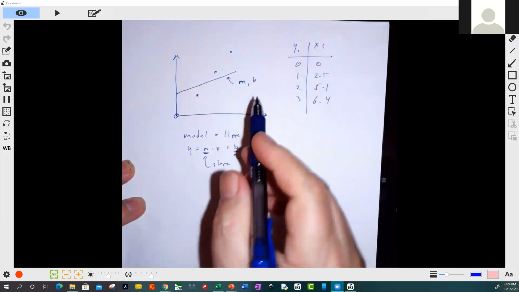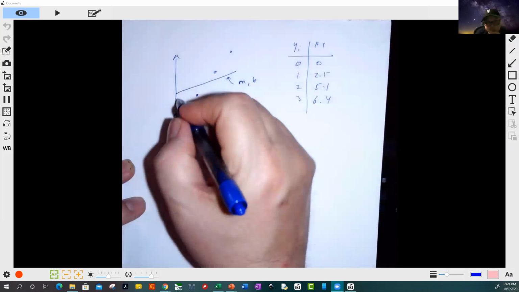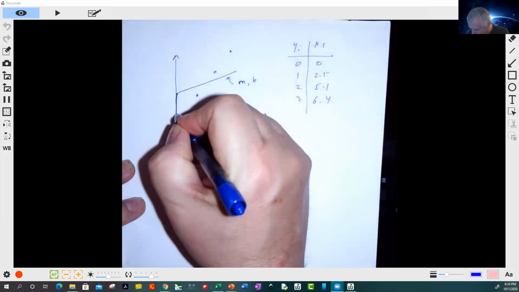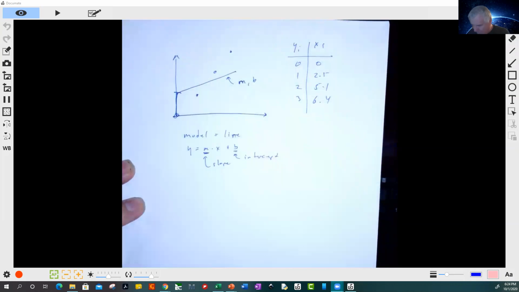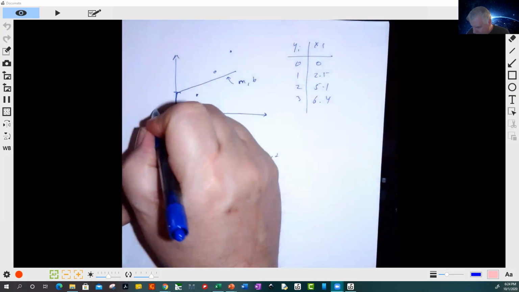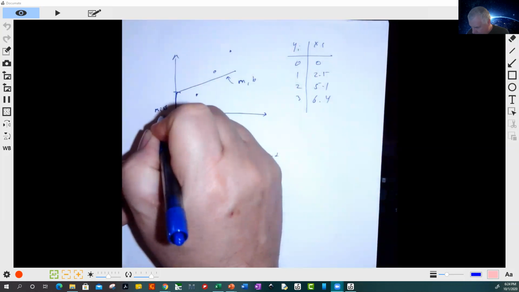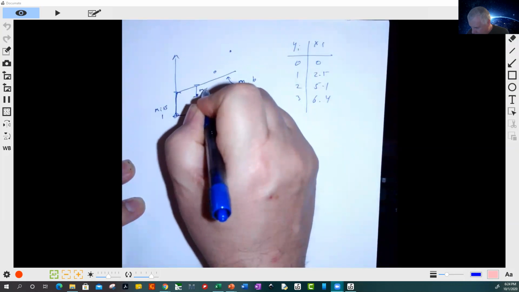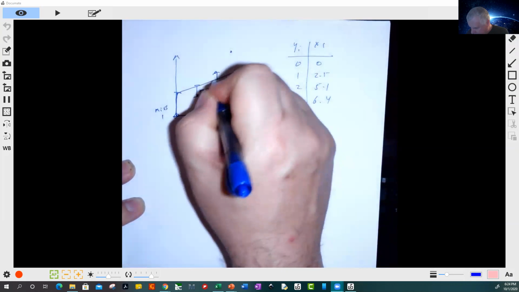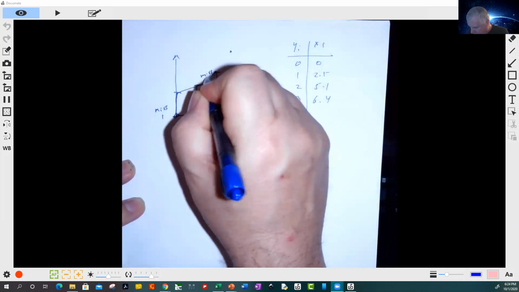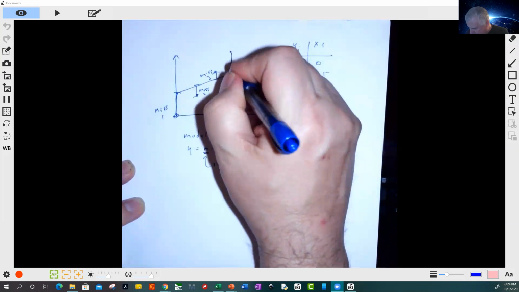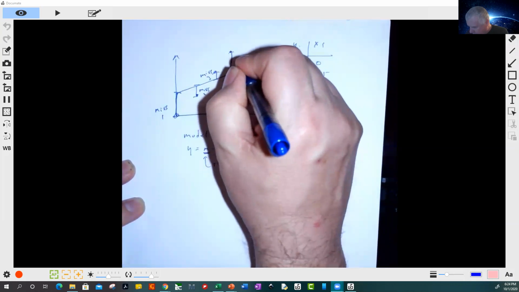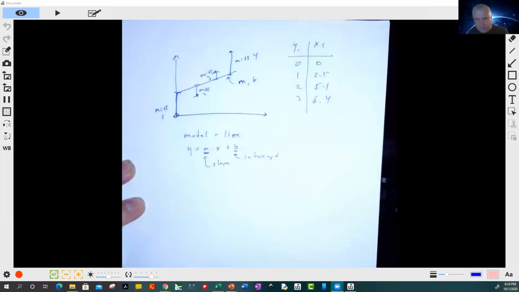But I would say, okay, well, let's quantify that in a particular way here, right? We could say this is miss 1, there's miss 2, there's miss 3, and there's miss 4, right?